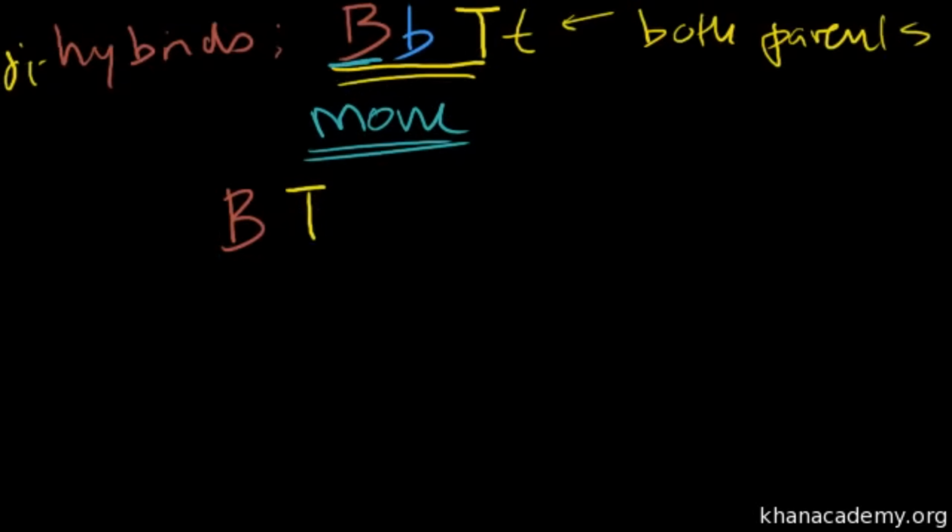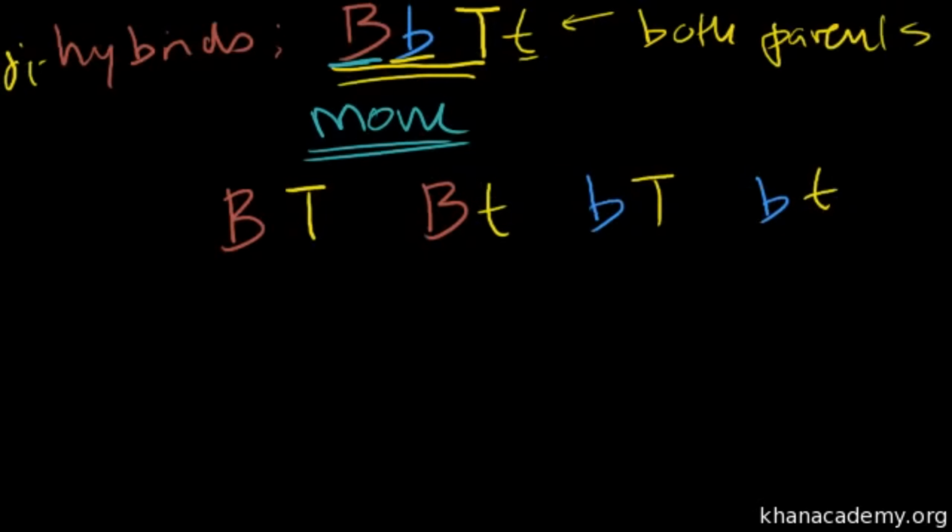Or she could contribute the big brown and then the little t. Or she can contribute the blue-eyed allele and the big T. These are all the different combinations she could contribute. And then the final combination is the blue eyes and the small teeth.